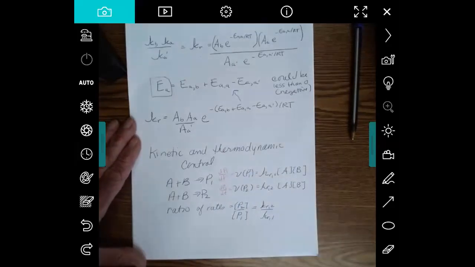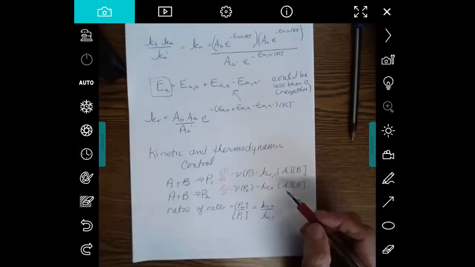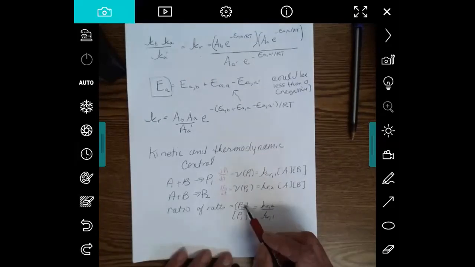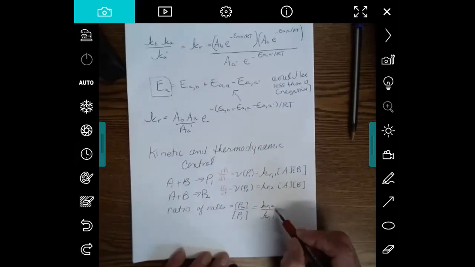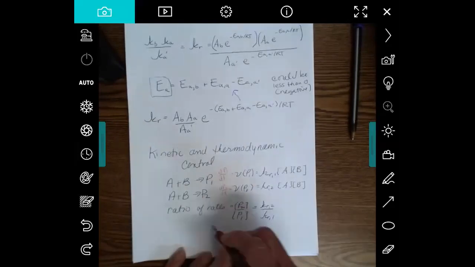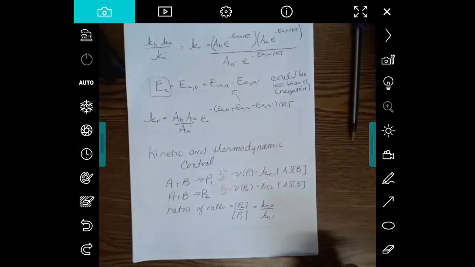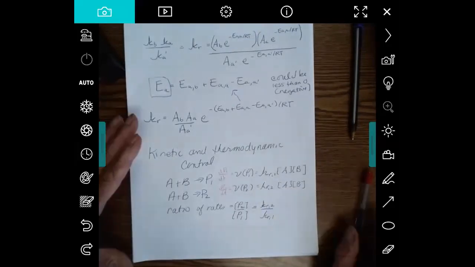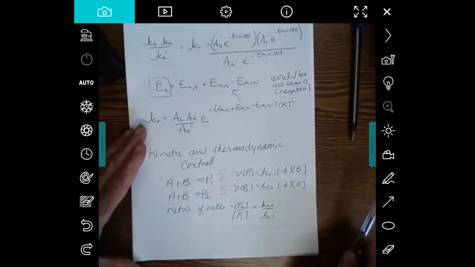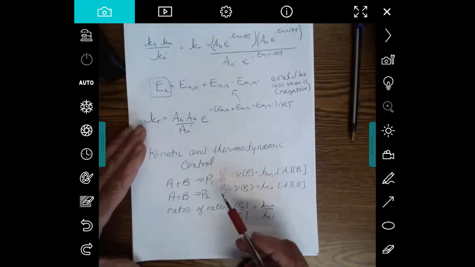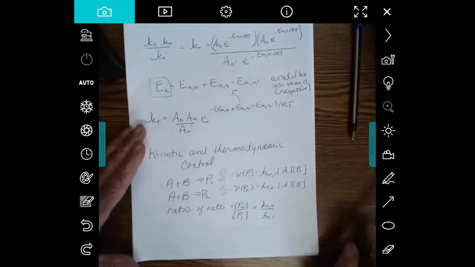So when you take that ratio, if I take 2 over 1, I get the concentration of the product from the second reaction divided by the concentration from the first reaction, which is equal to a ratio of the rate constants. So you can determine how much of your products will be formed at different times just based on which has the larger or smaller rate constant. So that would be a kinetic control of which product is formed.